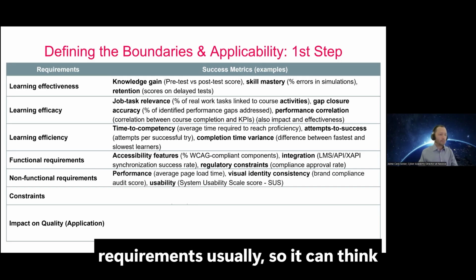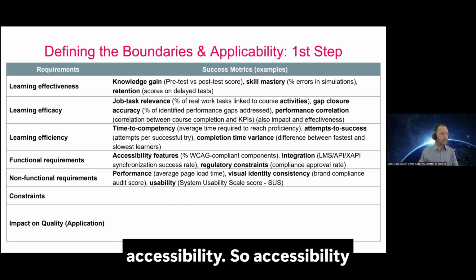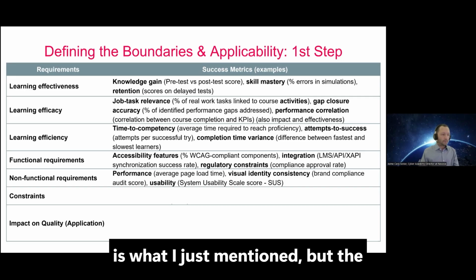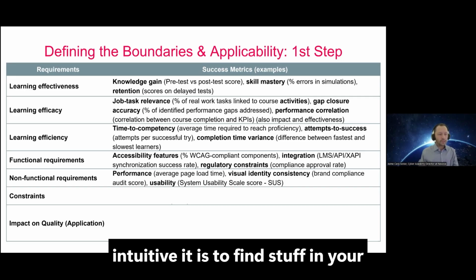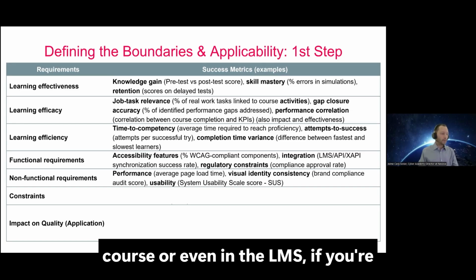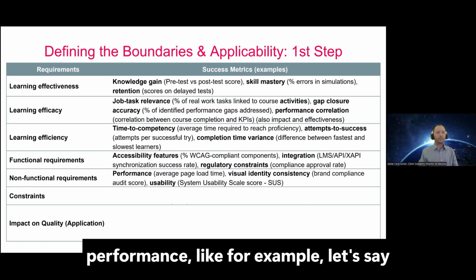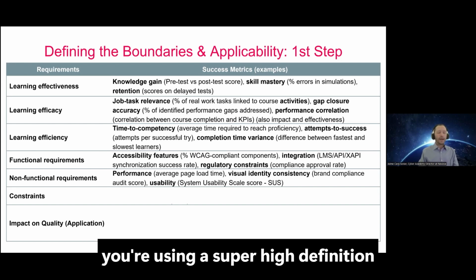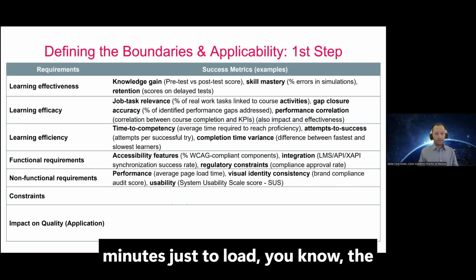And then you can think about usability. It's not the same as accessibility. Accessibility is what I just mentioned, but usability is how intuitive it is to find stuff in your course, or even in the LMS if you're also the LMS manager. And also in terms of performance, for example, let's say you're using a super high definition video, and it takes 5 minutes just to load the video.